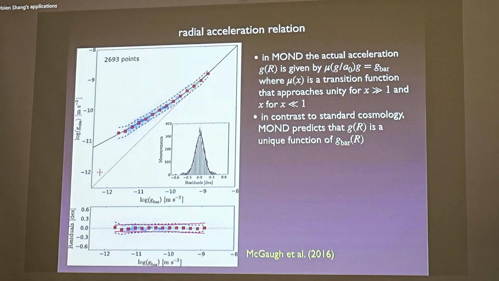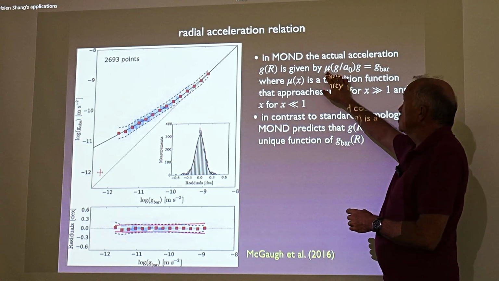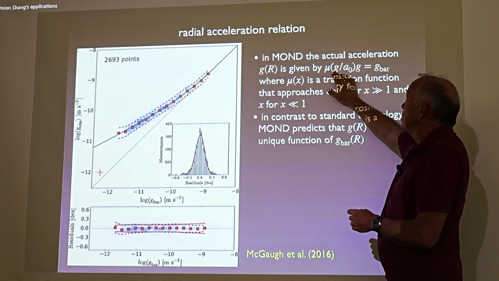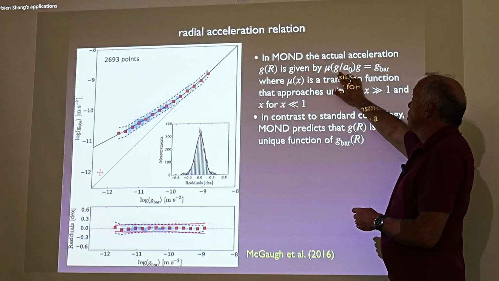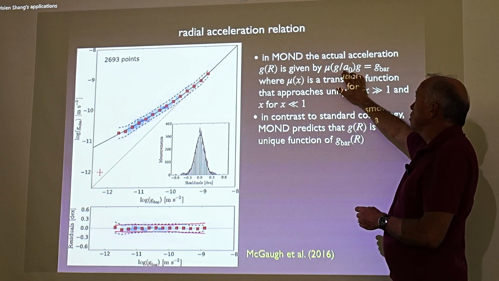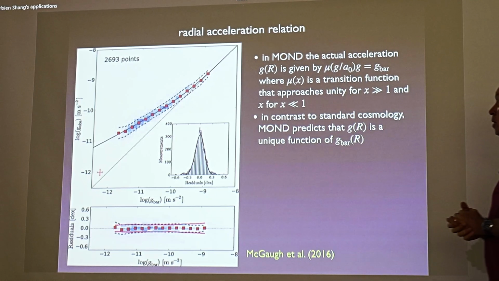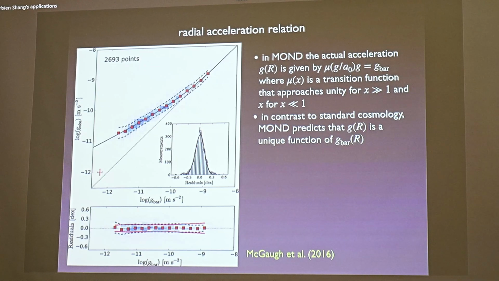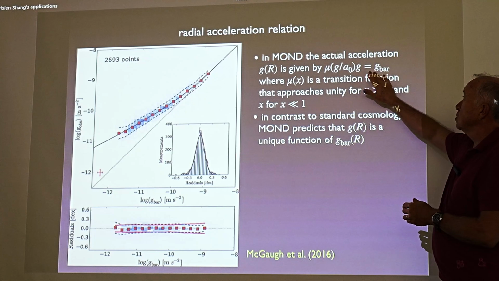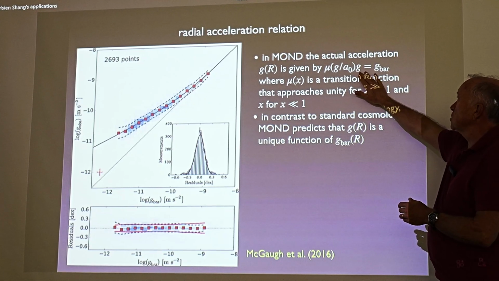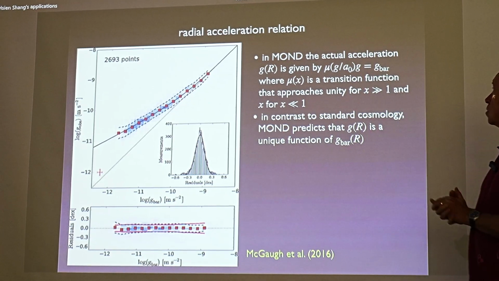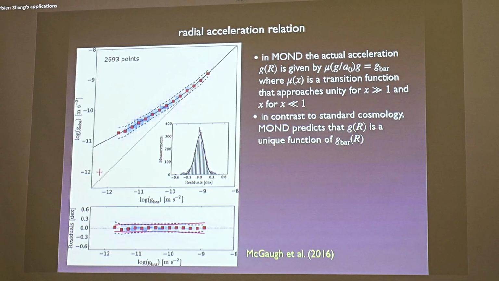In MOND, the actual acceleration is given by a quite different formula. It says that the acceleration is some dimensionless function of the ratio of the total acceleration to this critical acceleration A0, and that this nonlinear relation relates the total acceleration to the baryonic acceleration.